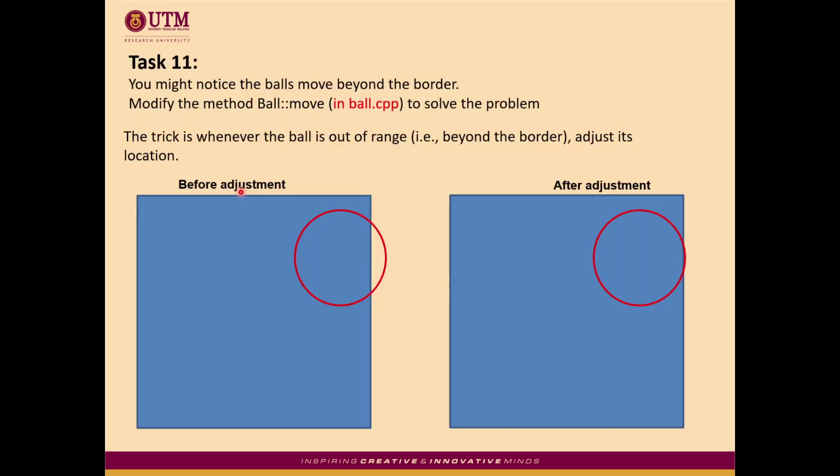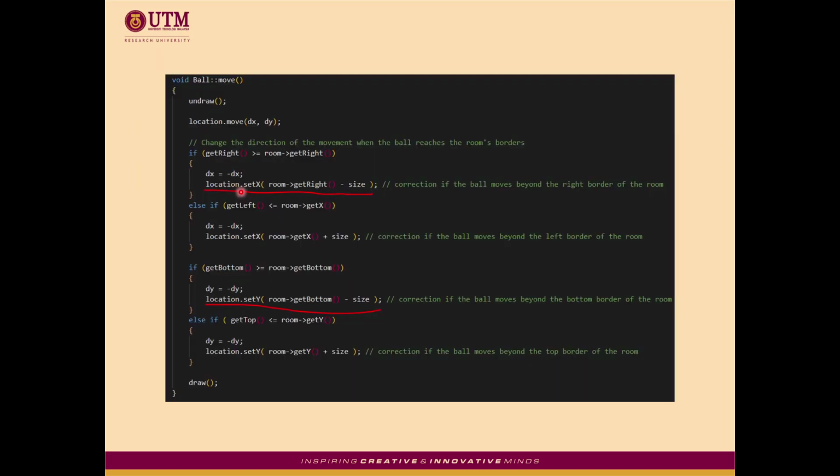I'm not going to show you in the code. You can simply look at it from this slide. So we do the correction here, after we test. This is testing whether the ball hit the wall, and just now we have moved, right?